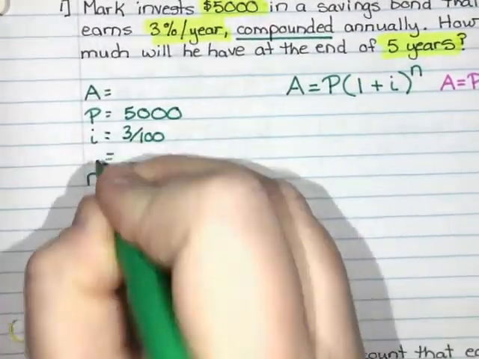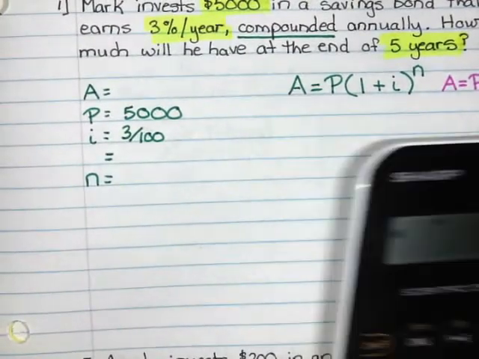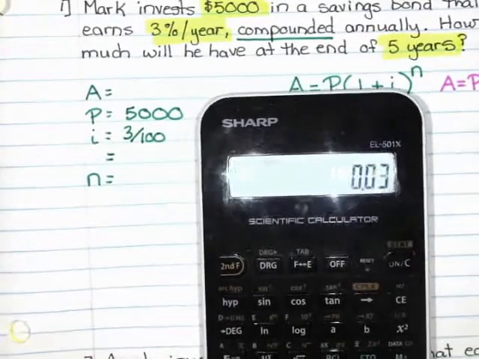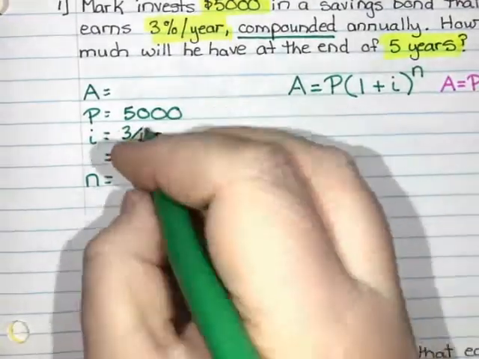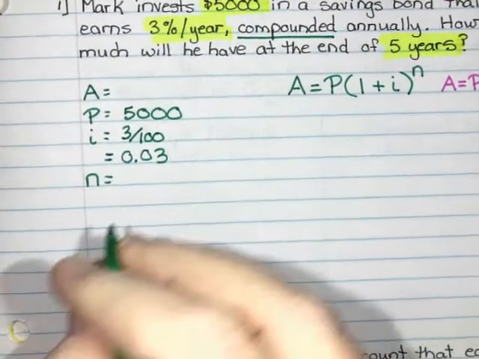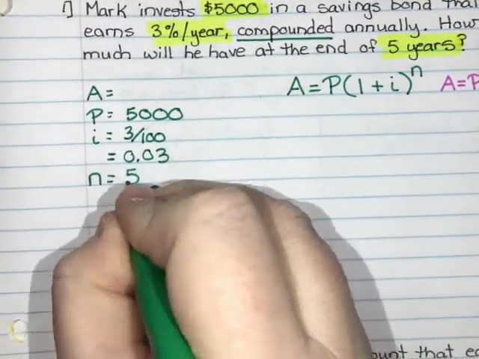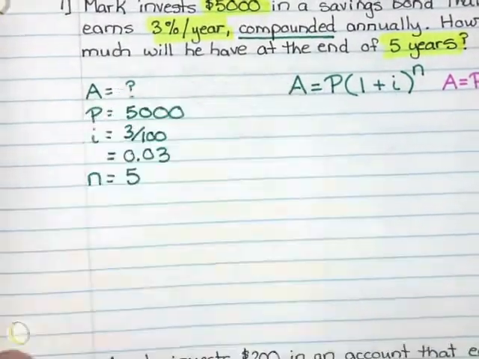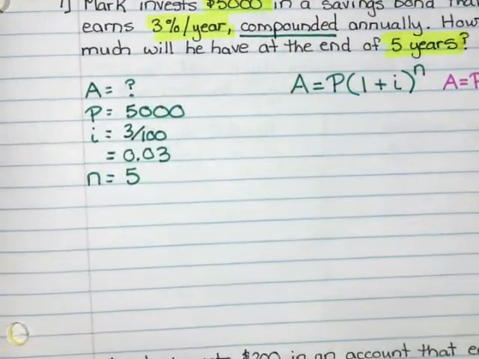It means per 100. So on my calculator, I am going to do 3 divided by 100, which is 0.03. And then N is just our number of years, which is 5. Now, I don't know what the final amount is. That's what we're going to be calculating, so I'm just going to put a little question mark there.